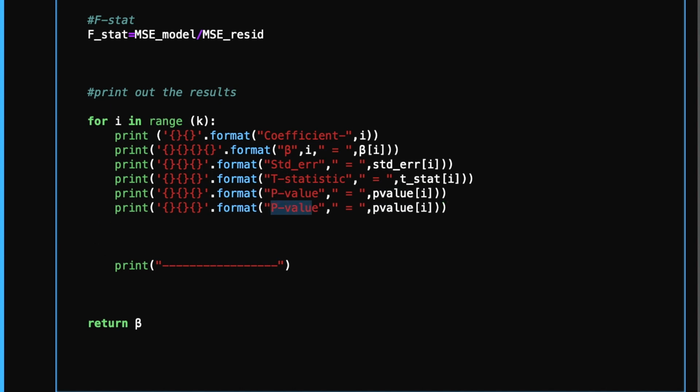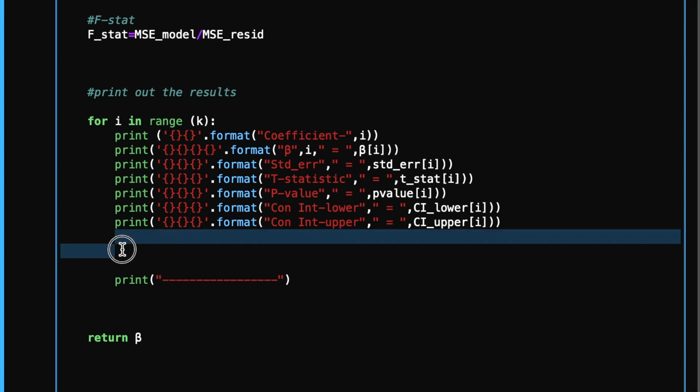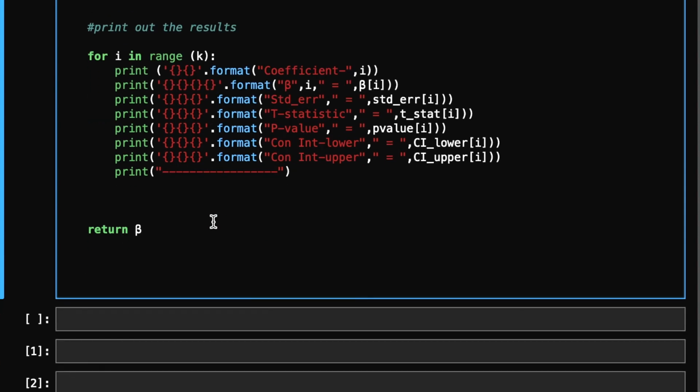So I'm going to print out the CI lower confidence interval, and then the confidence interval upper. Okay, so this much can stay together. And then let's print out the other statistics that should be outside of the loop.